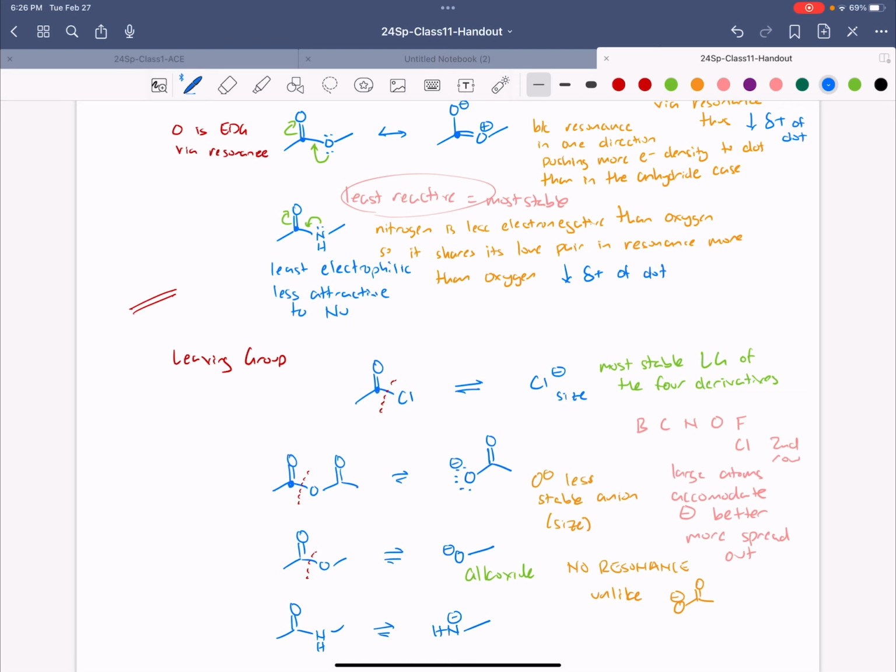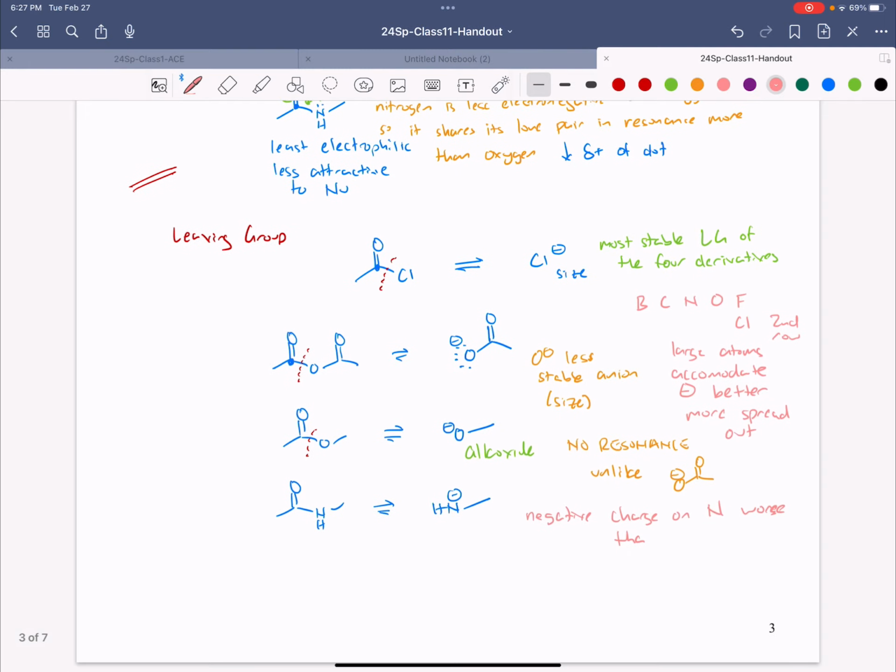So in this case, a negative charge on N is worse than a negative charge on O, because O is more electronegative.